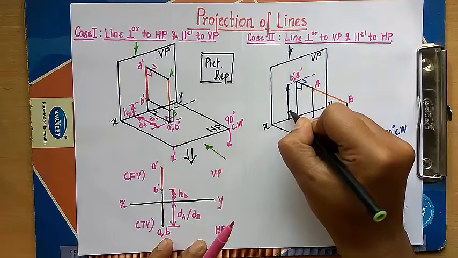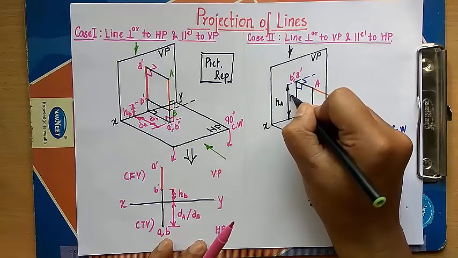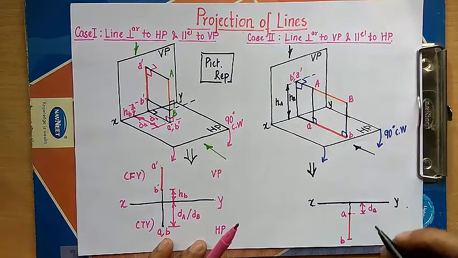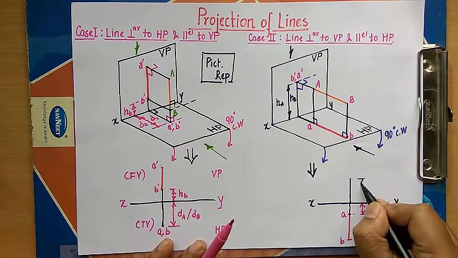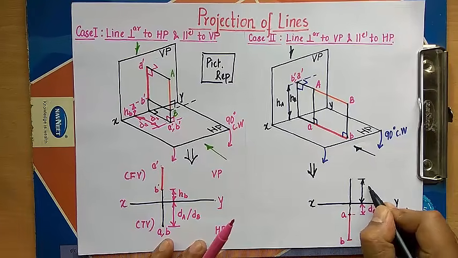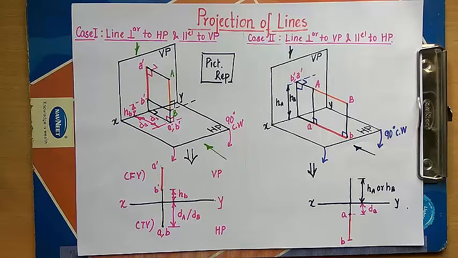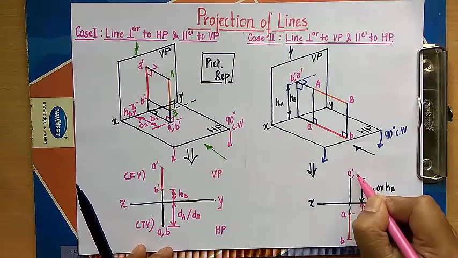The line is in fact parallel to HP, but at what height does it lie? So this is hA. You can also call it hB, because these endpoints are at the same height above the horizontal plane. So you need to go above by a distance of, you can either say it as hA or hB, and this guys is what you call A dash comma B dash.